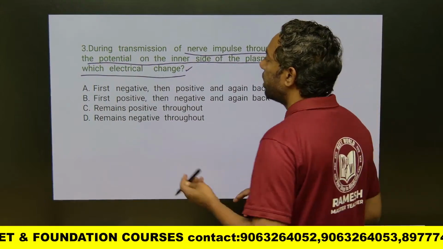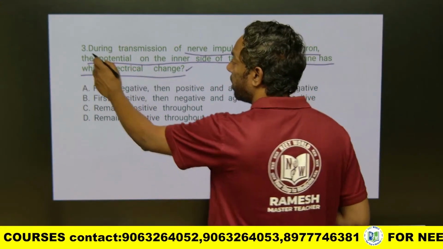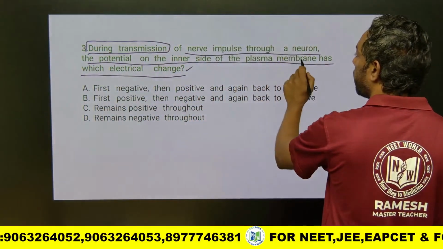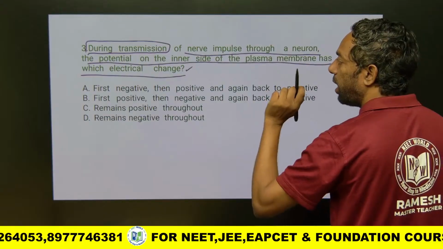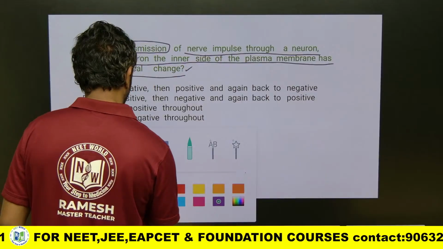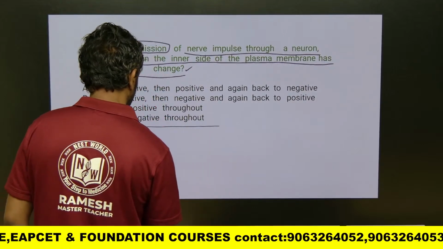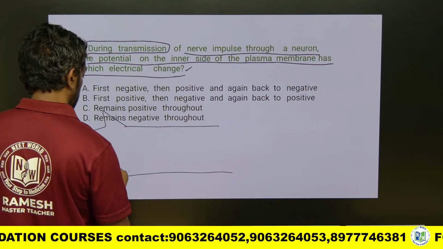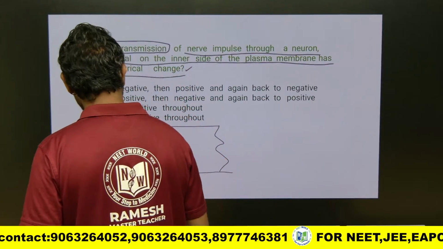During the transmission of nerve impulse, this word is important: during the transmission, not in the resting potential. During the transmission of nerve impulses through a neuron, what kind of electrical charge is there on the inner side of the neuron? This is the neuron.